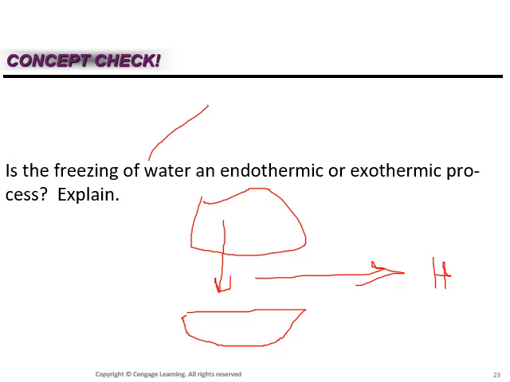If you go in the other direction, from ice to water, you have to put heat into the ice to make it melt, so that's endothermic. So when ice melts, that is endothermic, but when water freezes, that is exothermic. So just think of it like if you're going down from steam to water or from water to ice, then that's going to be exothermic. Next slide.